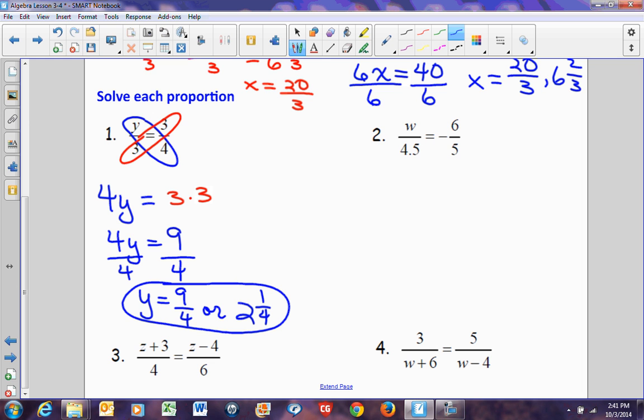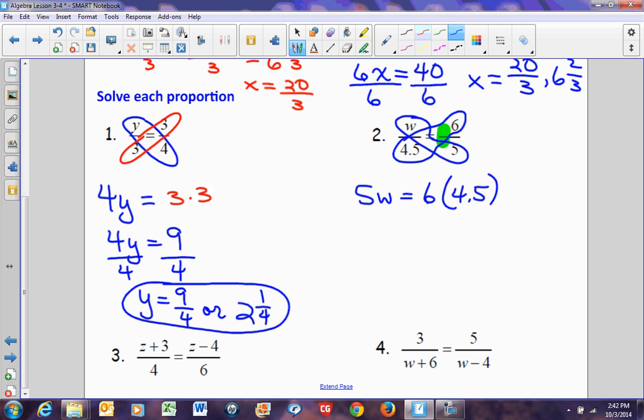If we look at number 2, again, I'm going to cross multiply. Be careful of your negative sign. You only have one of them, so it can only go with one part of the problem. I'm going to take it with the 6 because I like to put it in my numerator. So I'm going to have 5 times w equal to 6 times 4.5. 5 times w is 5w, and 6 times 4.5 is 27.